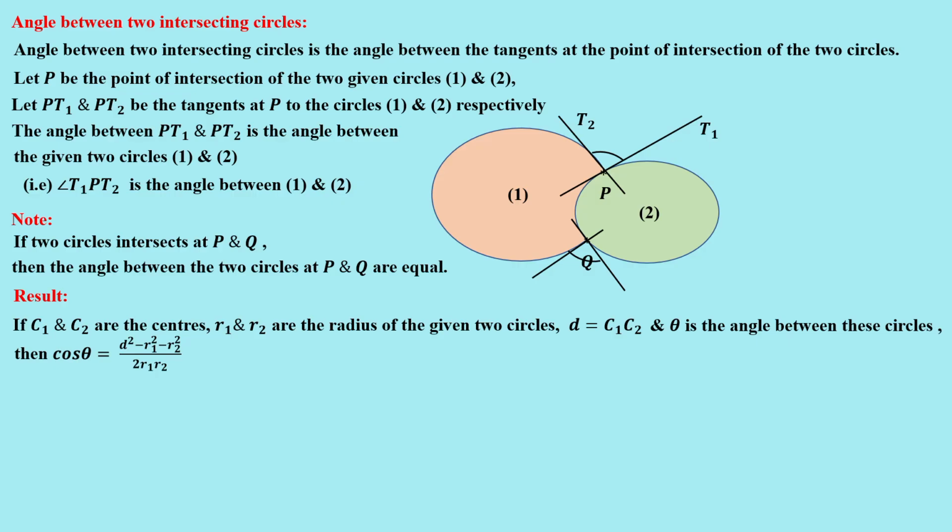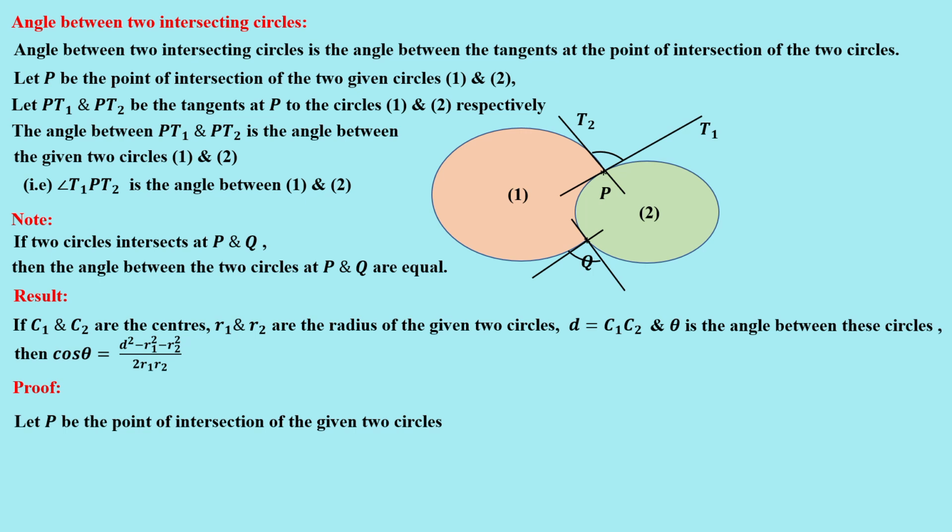So angle between the two circles is given by cos theta equal to d, the distance between the centers of the two circles, square minus first circle radius square minus second circle radius square, by 2 into first circle radius into second circle radius.